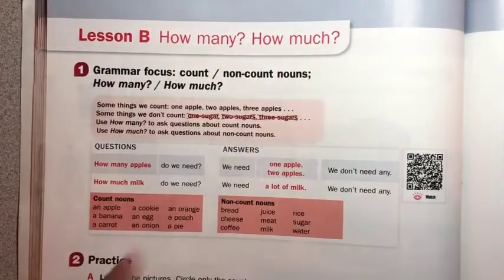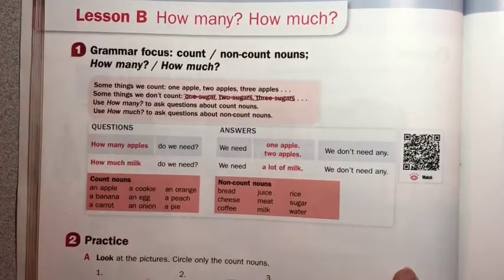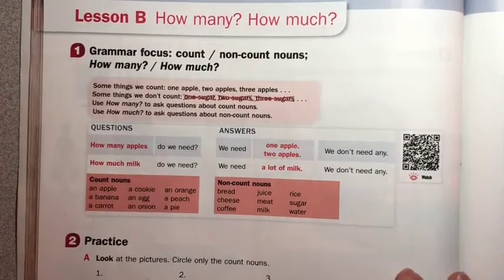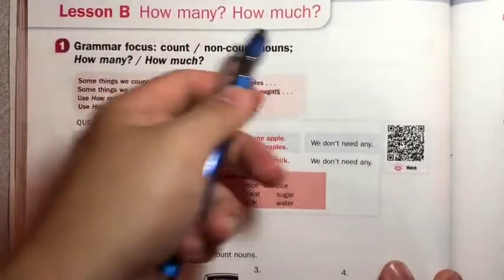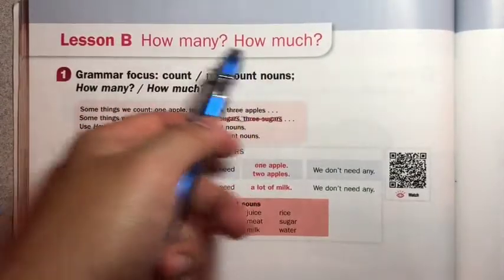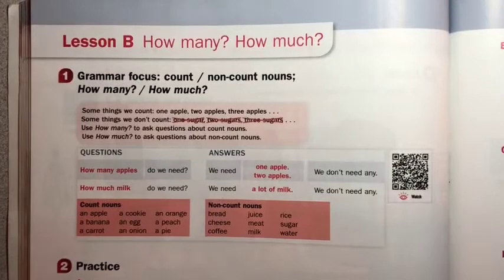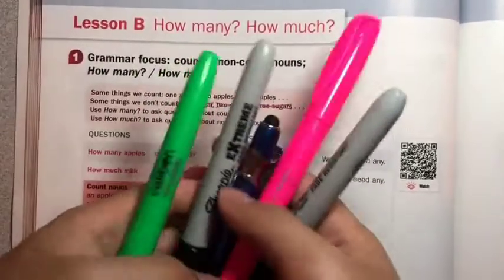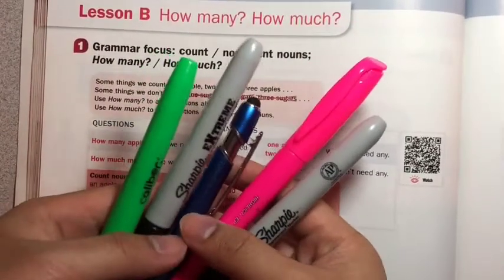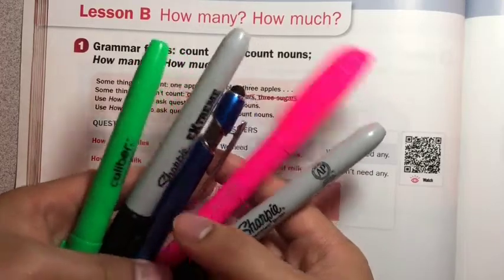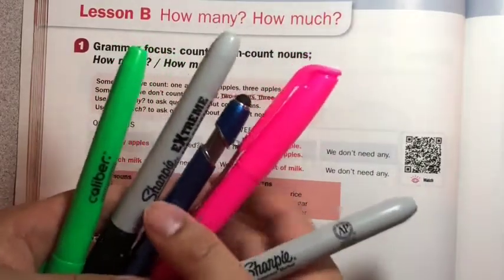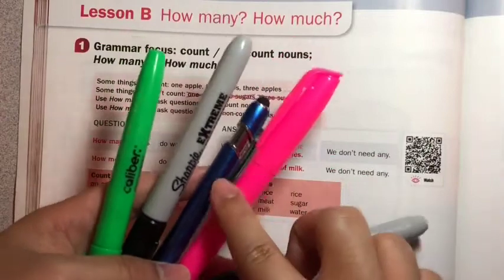And how much is something you cannot count. And what I mean by that is these two questions are asking for the amount. So if I hold markers in my hand, I ask, how many markers do I have? I ask you how many because I can count them.